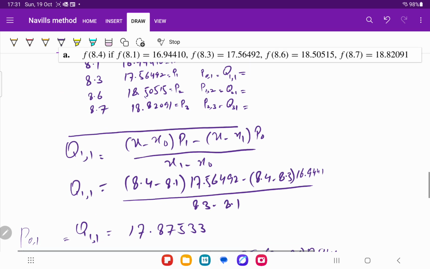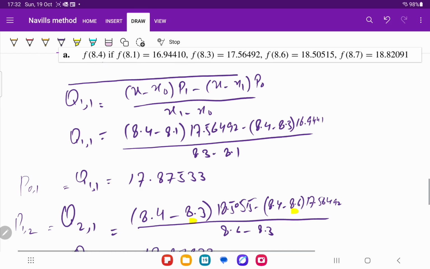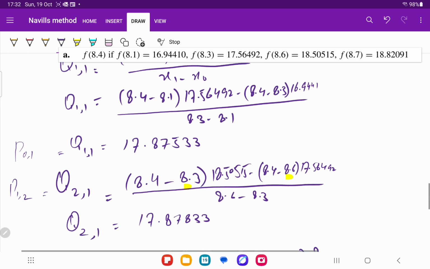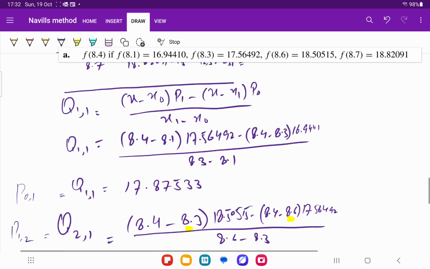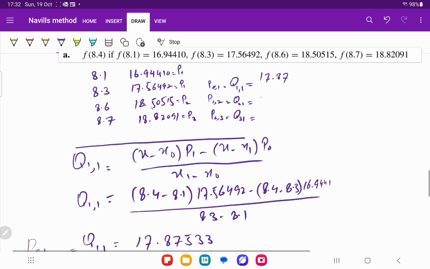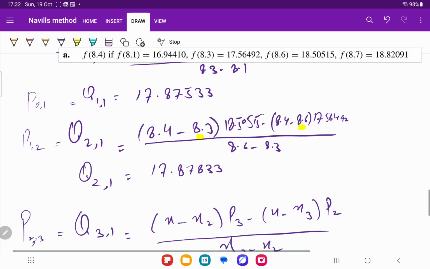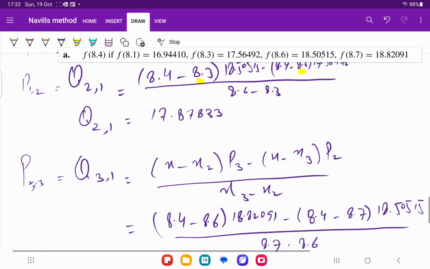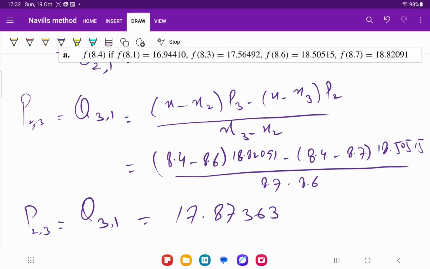Q11 is 17.87, and Q21 is also 17.87, and the last one is also 17.87.